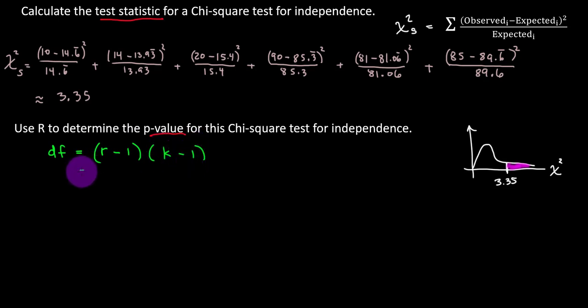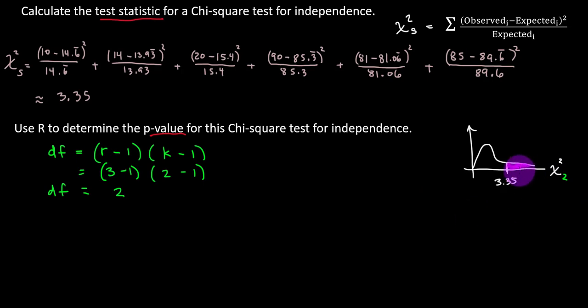In this case, we had 3 rows, 3 dosage amounts, and then we tracked if a tumor was observed or not. There were 2 columns. As you can see, this is a 2. So our degrees of freedom here is 2 for the chi-square distribution.